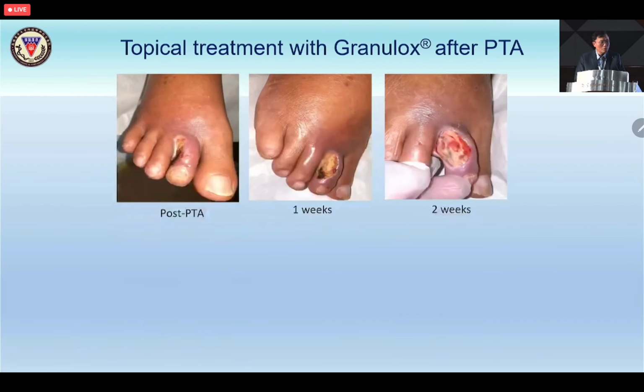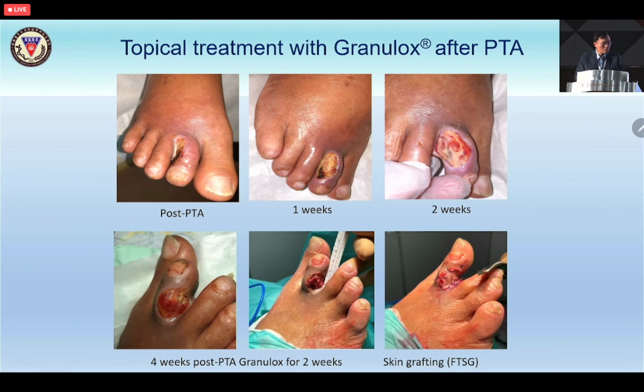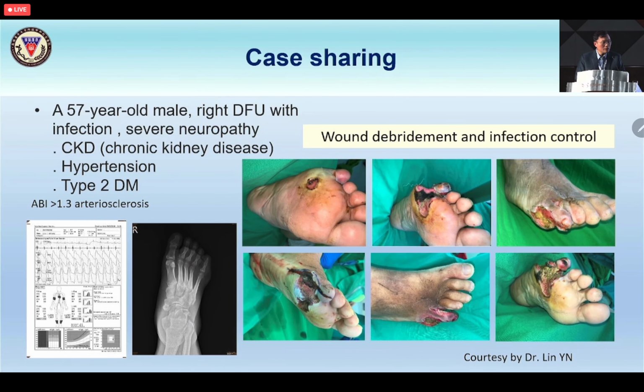After that, we apply the Granulox topically after angioplasty. You can find at 2 weeks, there is some granulation tissue growing. And then finally, at 4 weeks we put on a skin graft, and the wound completes here.